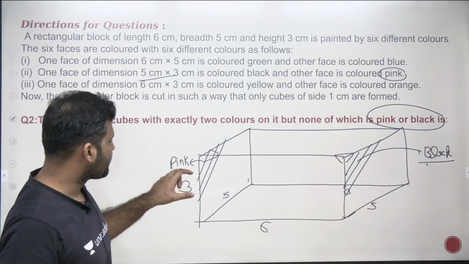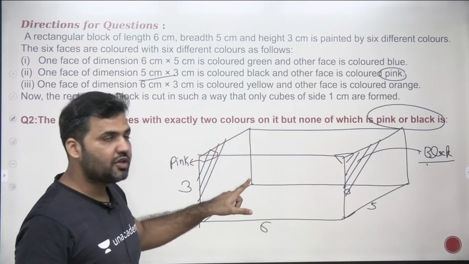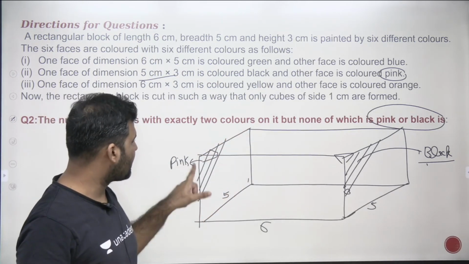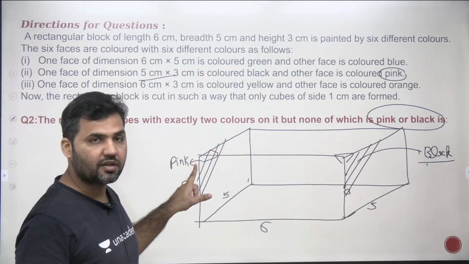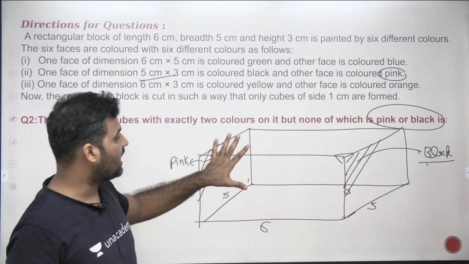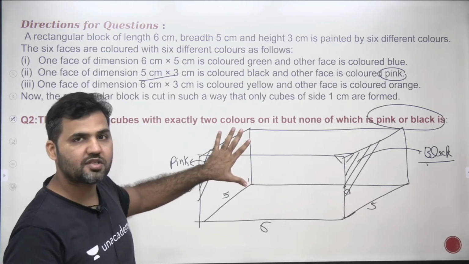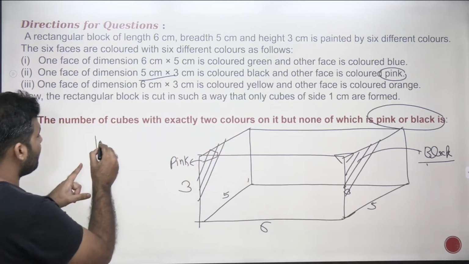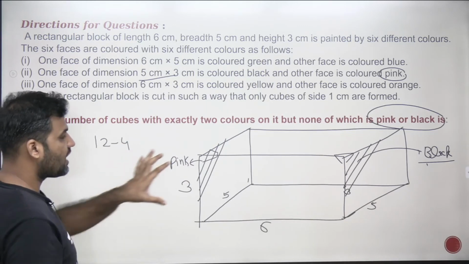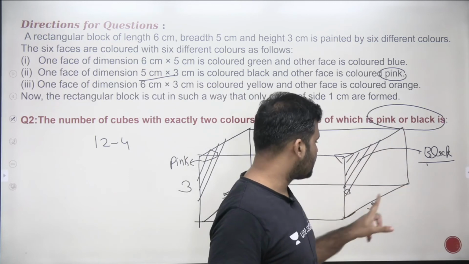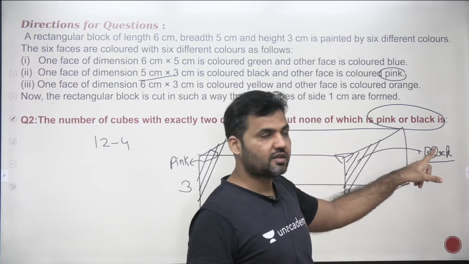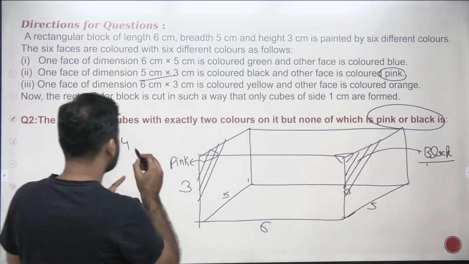So you see that 4 edges, every cube which will be coming from these 4 edges will have the pink color on it. So I don't want any pink color on it. So 4 edges are gone. Out of 12 edges, 4 edges are not supposed to be considered. Similarly, these 4 edges also have black color paint on it. So these 4 edges are also gone.